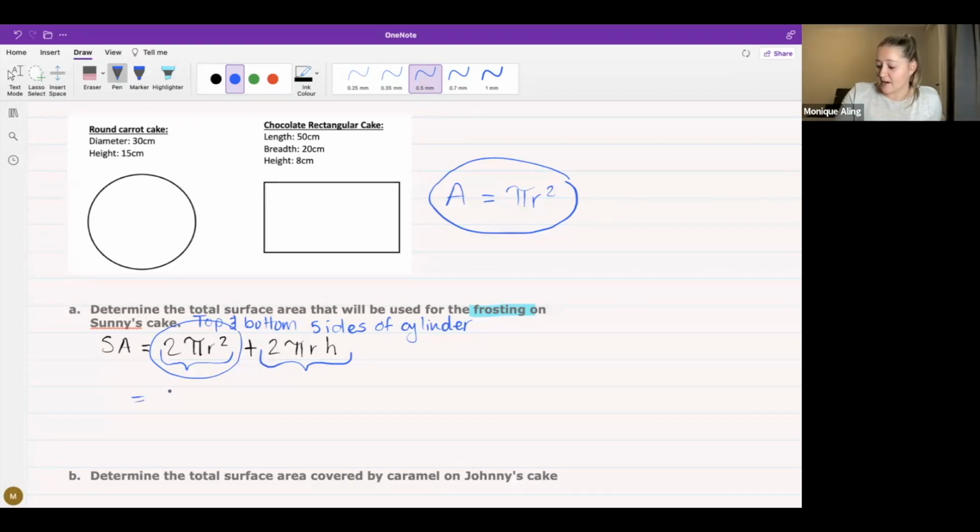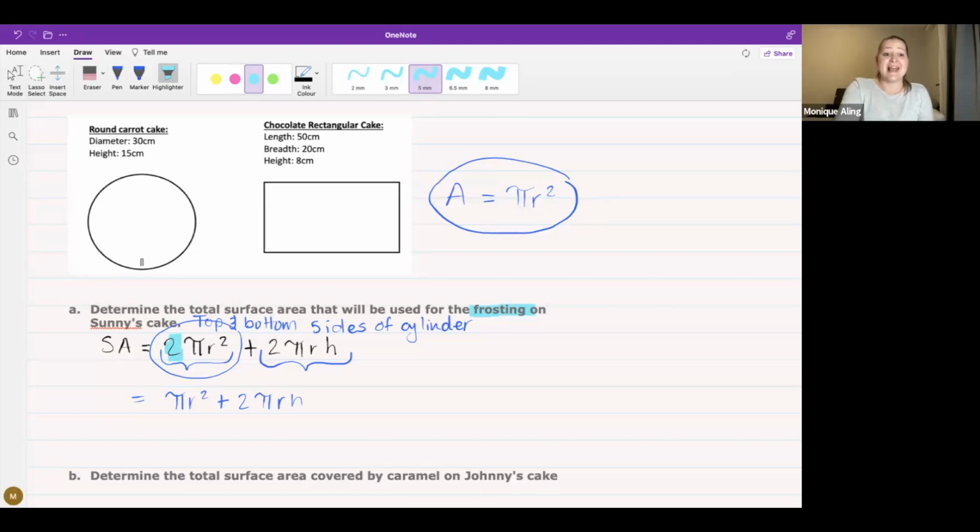And I'm just going to say pi r squared, because we're just working out the surface area of one circle, just the top circle, because the bottom circle is not going to have any icing. So I'm going to take one of those circles out of the equation. And then the rest stays the same, because we're going to put icing on the sides of the cake. So the only change I made there is that instead of timesing by 2, I've just got the area of one circle, because the icing does not go onto the bottom circle of the cake.